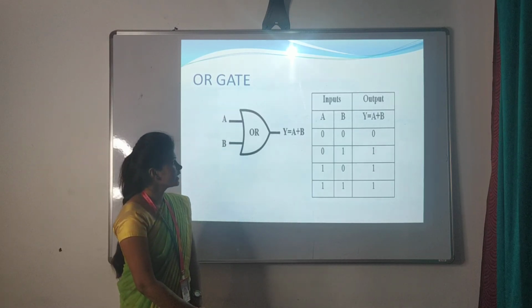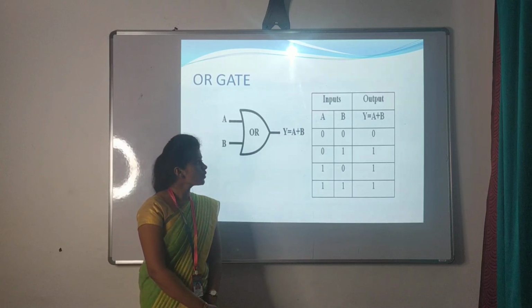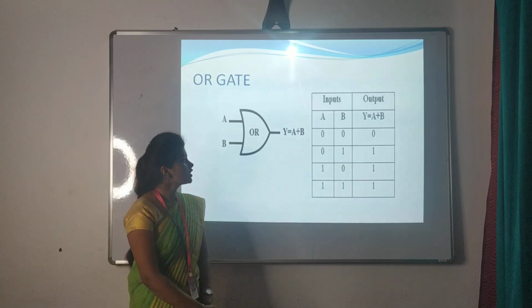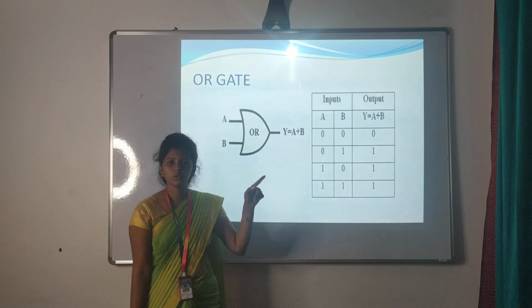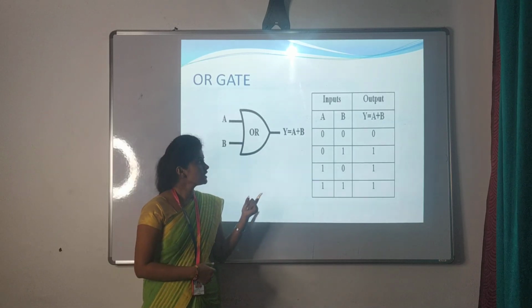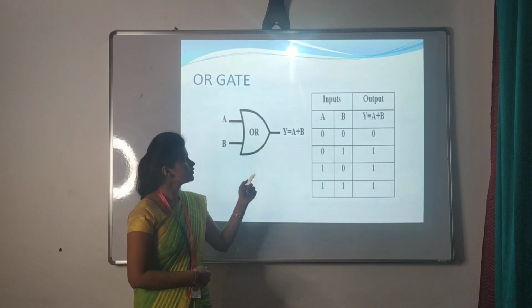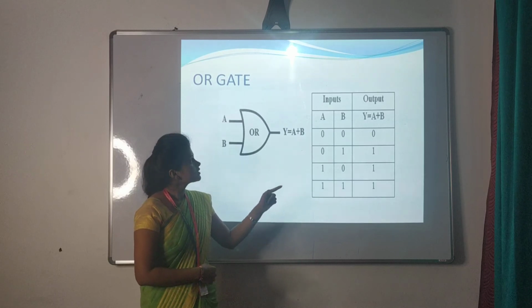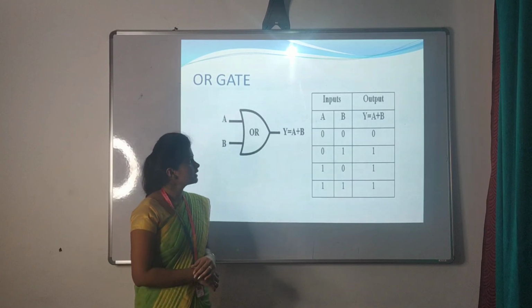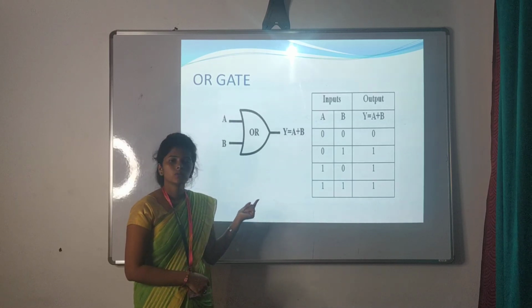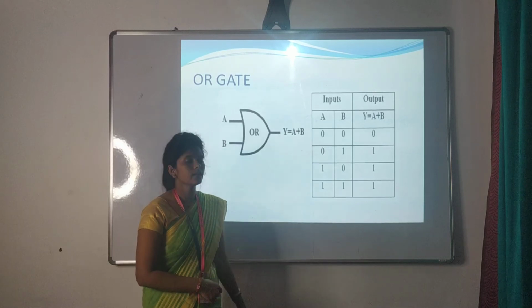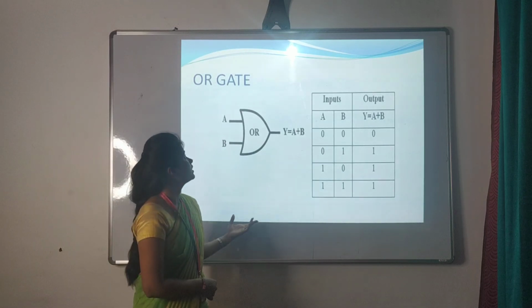In the second condition, the first input is low and the second is high, and we get output high, because 0 + 1 = 1. In the third condition, the first input is high and the second is low, and the output is high. In the last condition, both inputs are high, and we get output high. This is our OR gate.